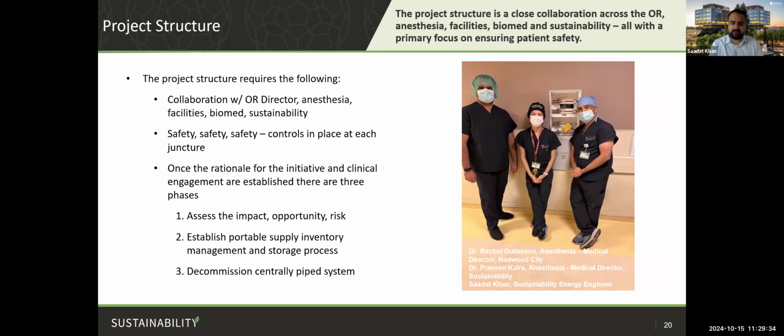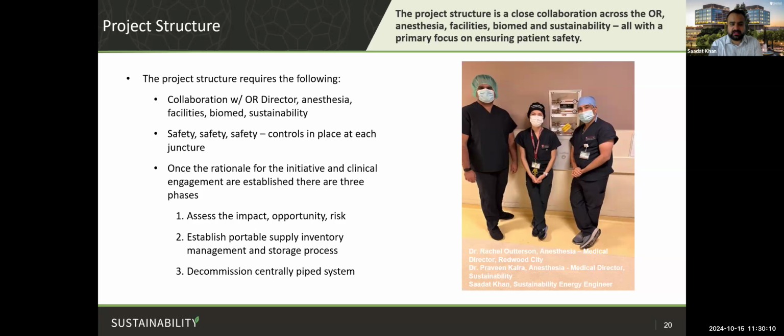The anesthesia team, through Dr. Kalra's leadership and partnership, is on board, because it involves a process flow change more than a workload flow change for the anesthesia team. And then facilities, biomed, and sustainability, to ensure that everything we're doing to decommission the central nitrous oxide systems is done in a safe manner and in a sequential operation that maintains all of our safety standards as well.